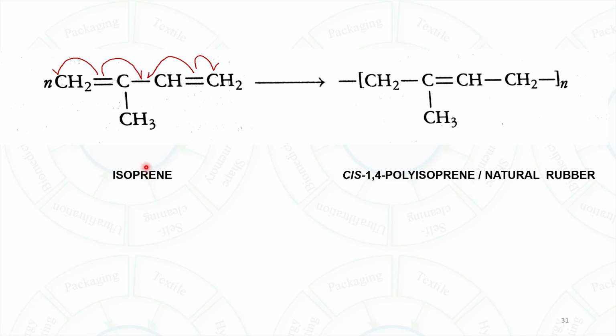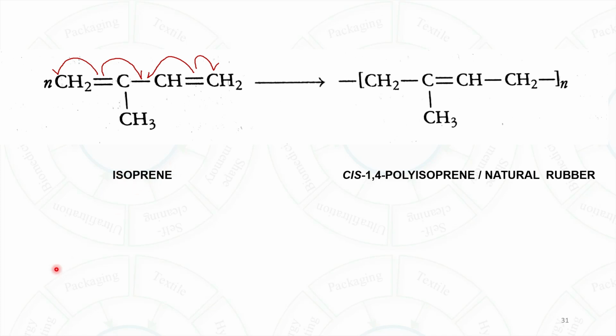In these past 3 or 4 slides, you have learned about the processes by which you can convert the emulsion into rubber. But now, what is rubber? Chemically, rubber is basically polyisoprene. This is the isoprene unit. Isoprene is basically 2-methyl-1,3-butadiene.